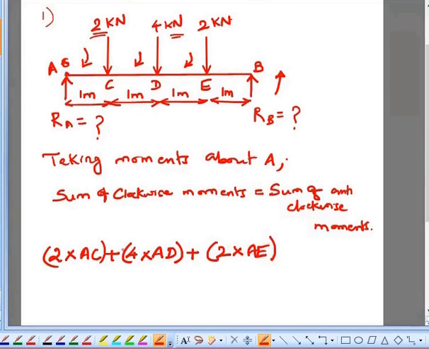So these are all the clockwise moments. This will be equal to the anti-clockwise moment about the point A. So this will be giving you anti-clockwise moment, the reaction force at B, so RB into the distance between the point A and B, that is AB.